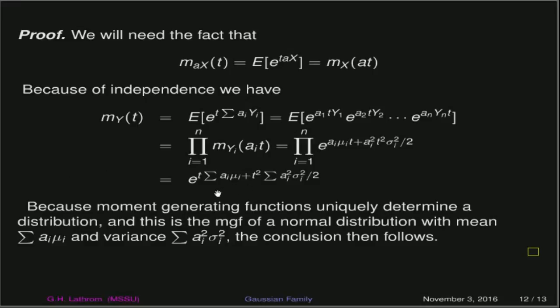And so what that means is, if we look at the form of the moment generating function that we had up here, that is the moment generating function of a normal distribution with a mean which is the linear combination of the mu sub i's, and the variance being the squares of the variances of our y sub i's. And so, because the moment generating functions uniquely determine the distribution, we get our conclusion.